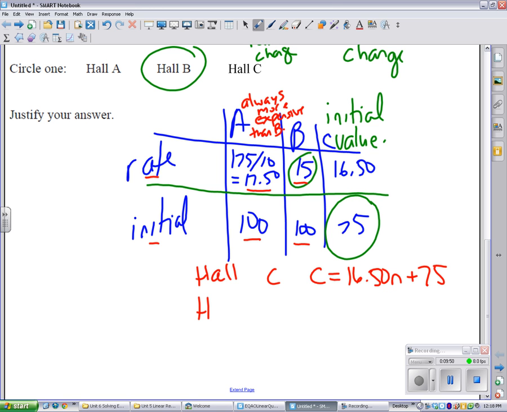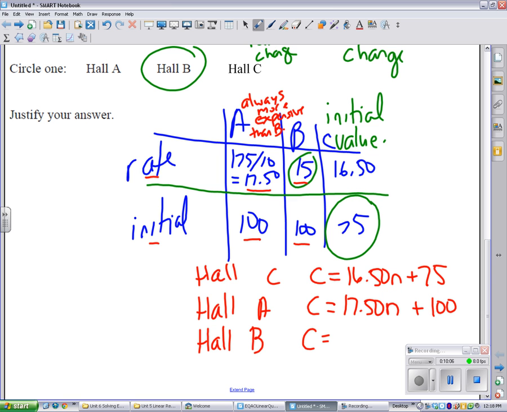And I can write Hall A: cost is equal to the rate of change, or the cost per person, $17.50, times the number of people, add the initial or booking fee of $100. And Hall B is the cost is equal to $15 times the number of people plus a $100 booking fee.